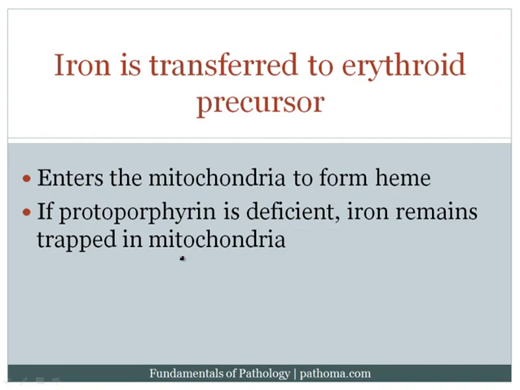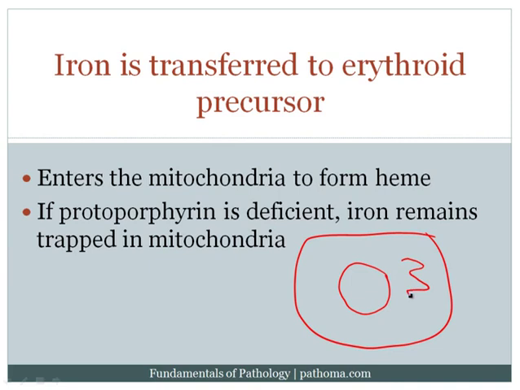So here's the idea. You've got this erythroblast, and here's the nucleus of the erythroblast, and adjacent to the nucleus is usually where the mitochondria sit. What's happening in the erythroblast is that protoporphyrin is being prepared, and the final reaction that generates protoporphyrin occurs within the mitochondria here. So protoporphyrin is produced in the mitochondria.